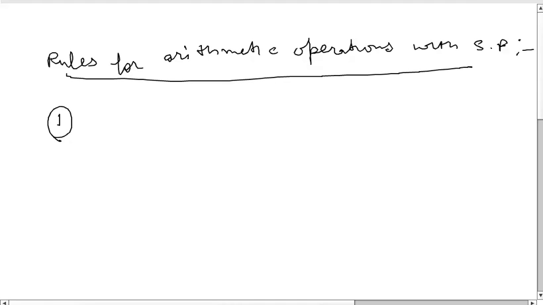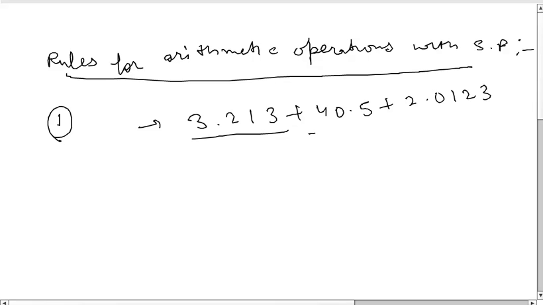Let us say I am given, just note it down, 3.2123 plus 40.5 plus 2.0123. If you need to add, you can see all are having different significant digits. This is having 4 significant digits, this is having 3, this is having 5. You can see 0 between two non-zero digits is always significant.